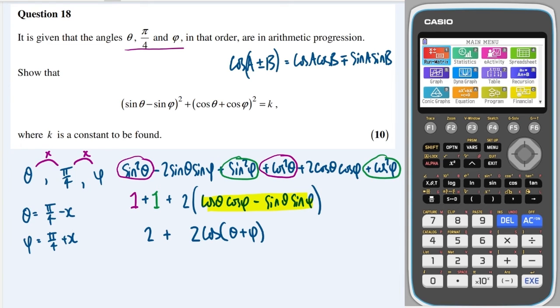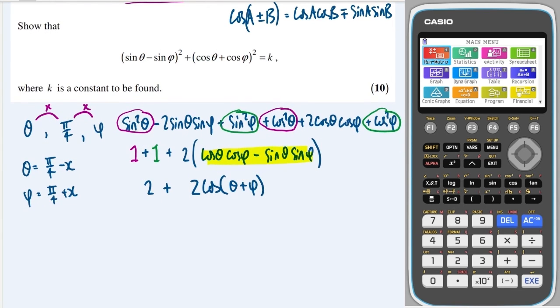Okay. And now we're going to use our information about the arithmetic progression. So if I make x the subject here of both these equations, I get x is equal to pi over 4 minus theta, and this one here I would get x is equal to phi minus pi over 4.